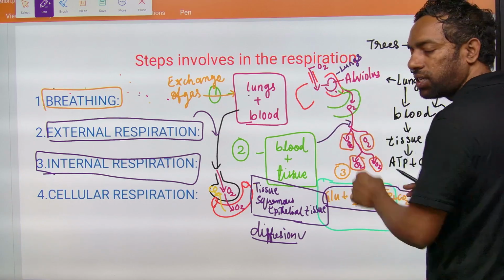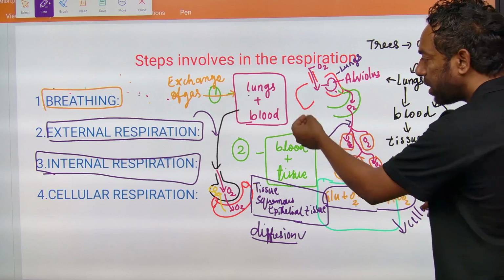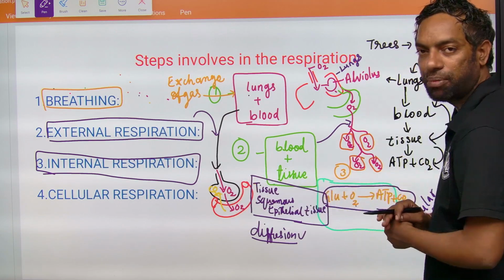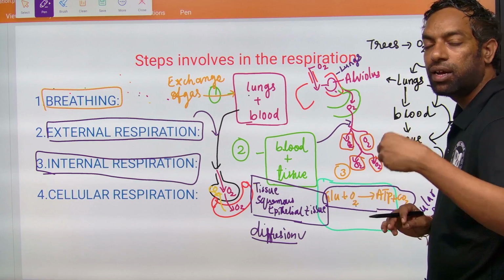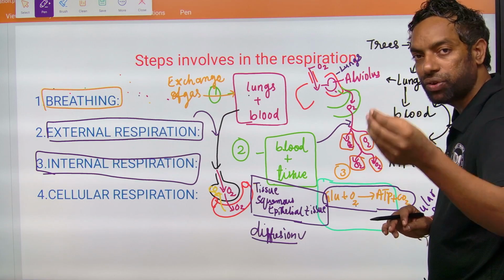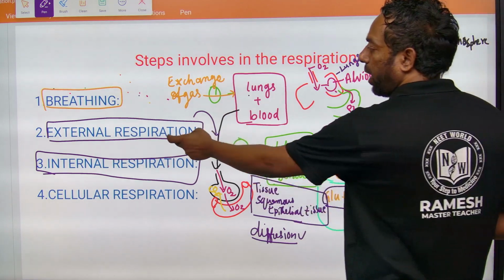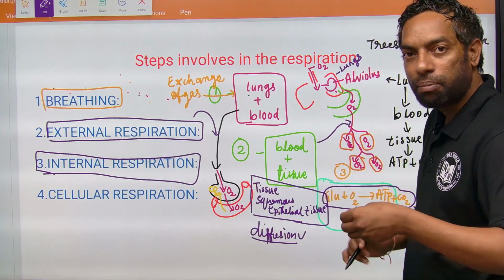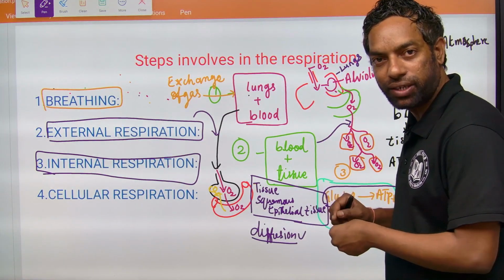When the oxygen enters, it reaches the blood through the medium of squamous epithelial tissue. The process we call diffusion is called external respiration. After reaching the blood, the blood carries the oxygen to the tissue.